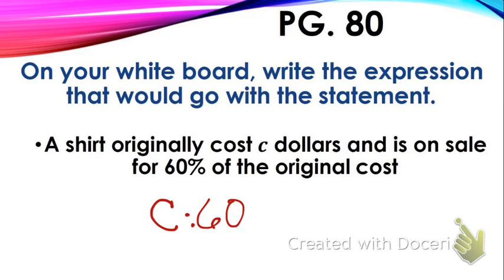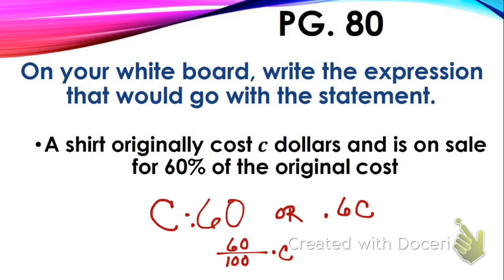So you could write it like this, or you could write it as 0.6C. I saw somebody use a fraction earlier today, which was correct. 60 divided by what would tell me the percent? 60 divided by 100 times C would have the same meaning.